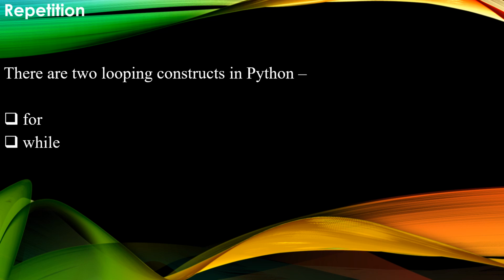In the Python programming language, there are two looping constructs, and those are the for loop and the while loop. The for loop executes the statements inside the loop again and again until the condition becomes false. The while loop also executes the statements again and again inside the loop as long as the condition is true. Once the condition becomes false, it comes out of the loop.